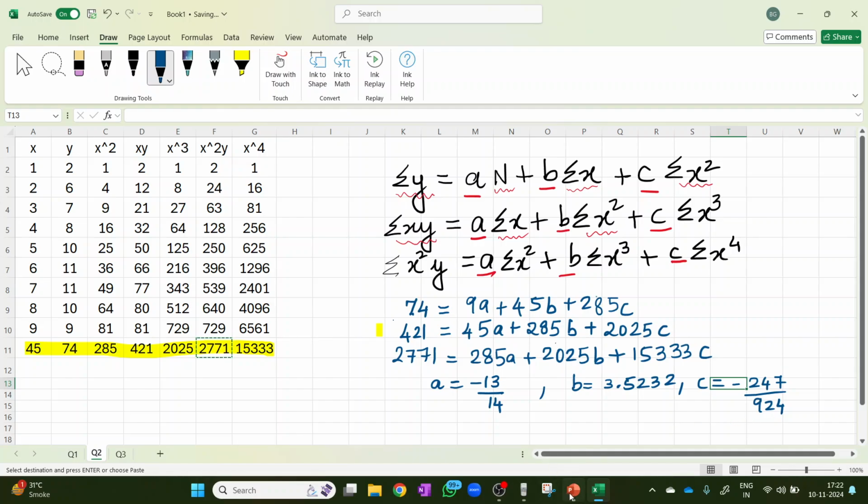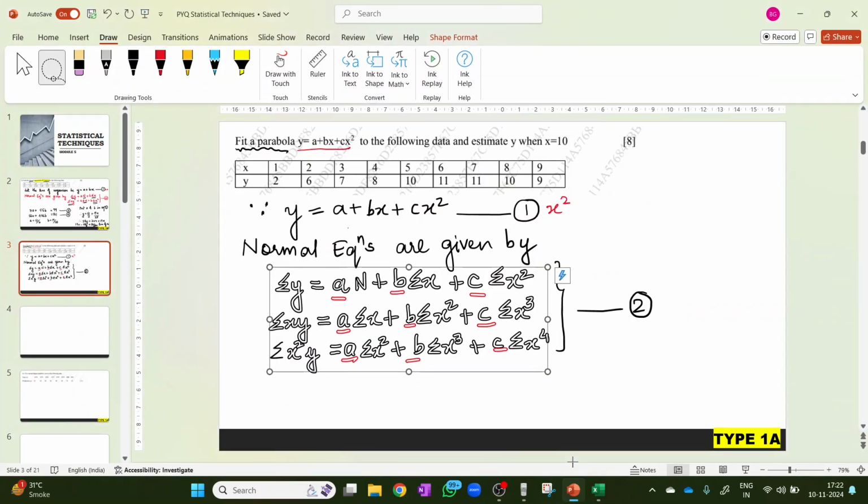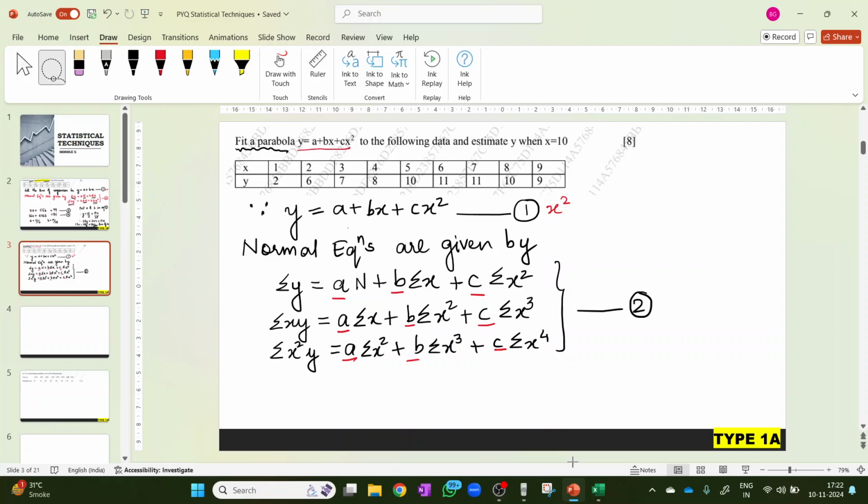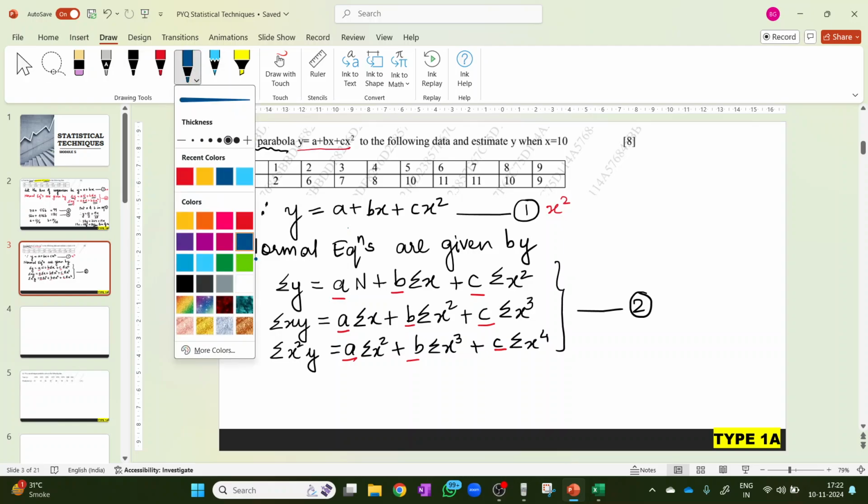So once you get these values, go back to your equation number 1, which was the required quadratic one. In that equation, let's substitute the values.